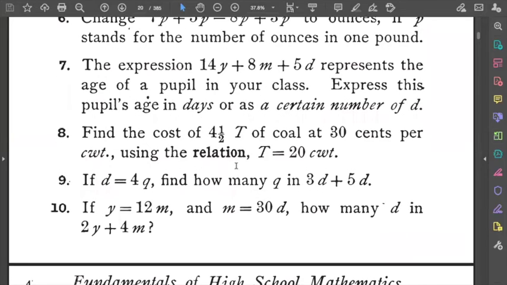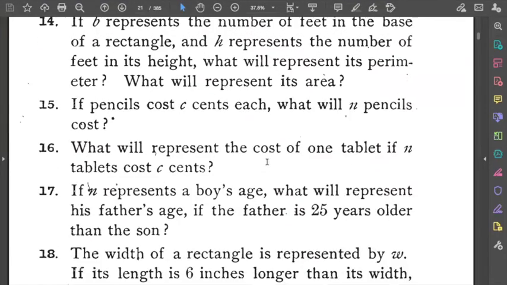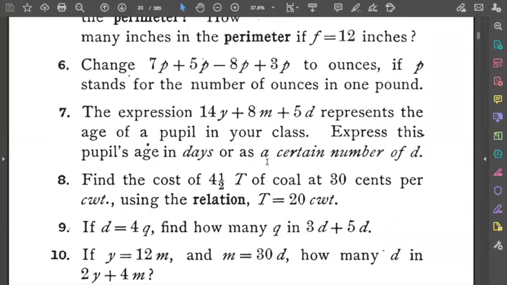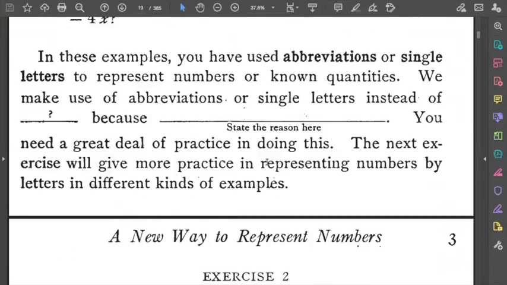Today I want us to solve as many questions as we can. The class is almost an hour and 30 minutes now, but don't worry, we'll close in no time.